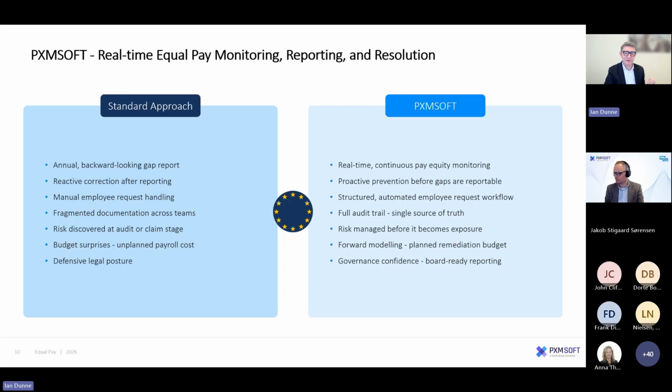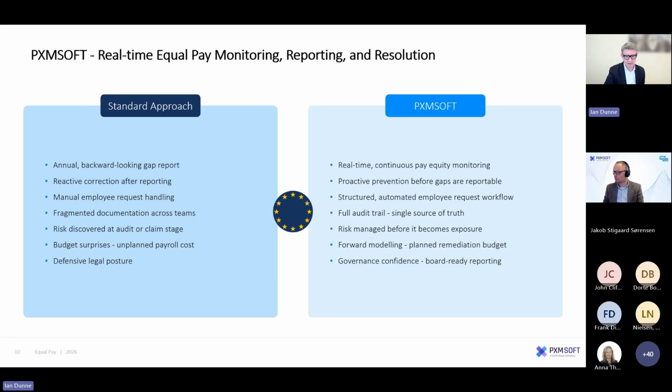And I think the key difference between the two columns isn't just operational efficiency, it's the difference between being in control of your pay equity story or having it told for you, right? So what I'm going to show now, Jakob is going to show, is the PXMSOFT tool.